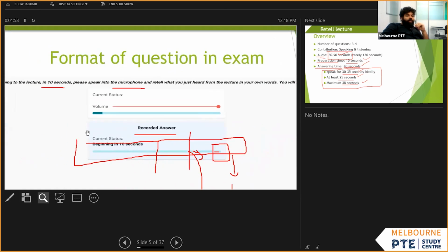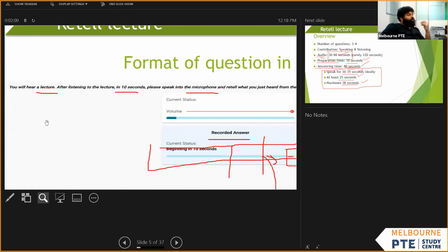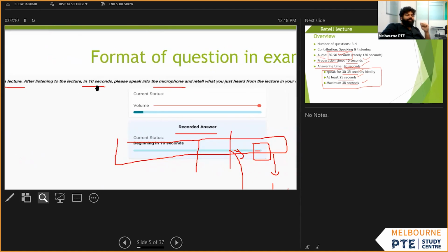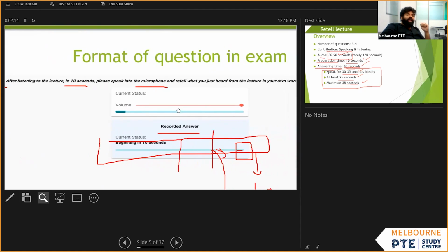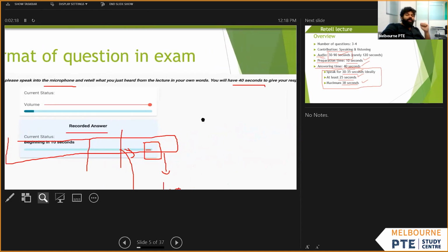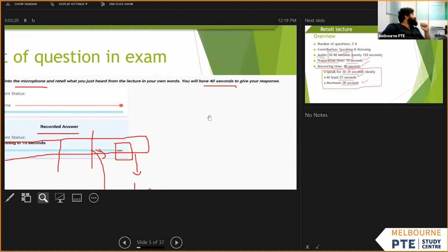So, what is it saying basically? You will hear a lecture, as in, you are, of course, going to be listening to an audio over here. Then it says that after listening to the lecture, in 10 seconds, please speak into the microphone and retell what you just heard in your own words. You will have 40 seconds to give your response.